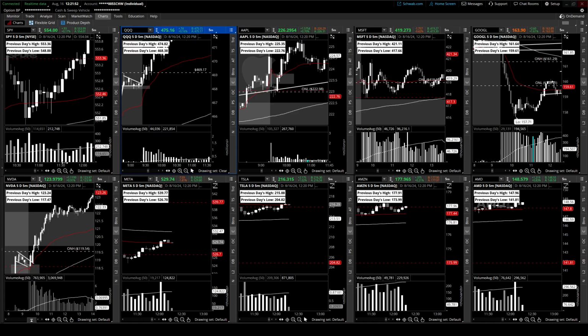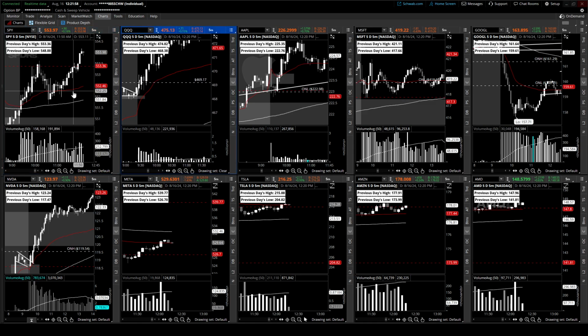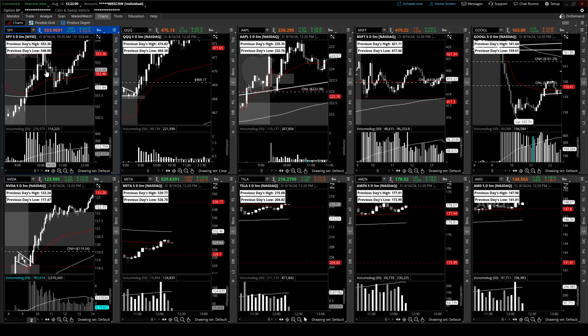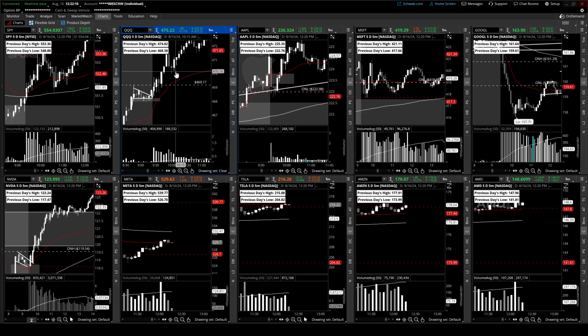And one thing that we've seen before when that happens is you'll see SPY start to sell off a lot quicker than QQQ, because we have Apple holding up QQQ whereas the rest of the tech market is selling off.